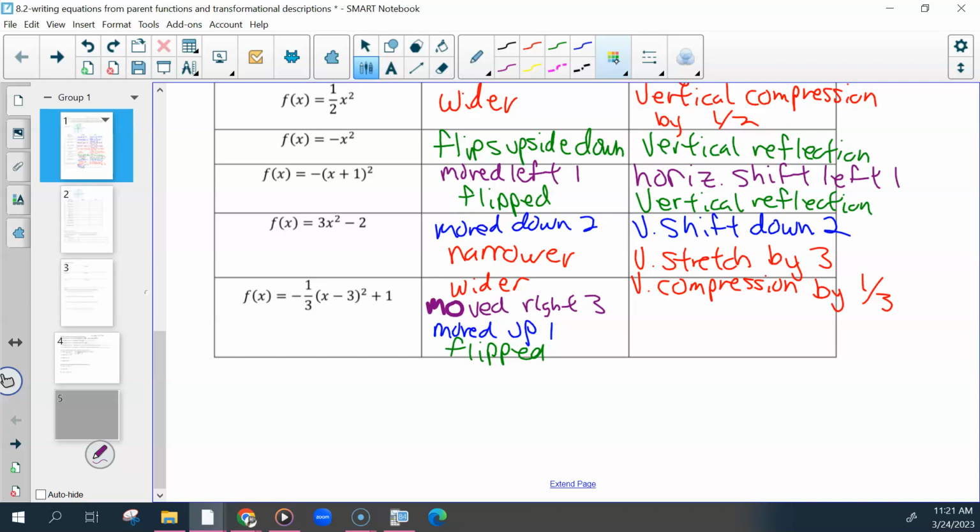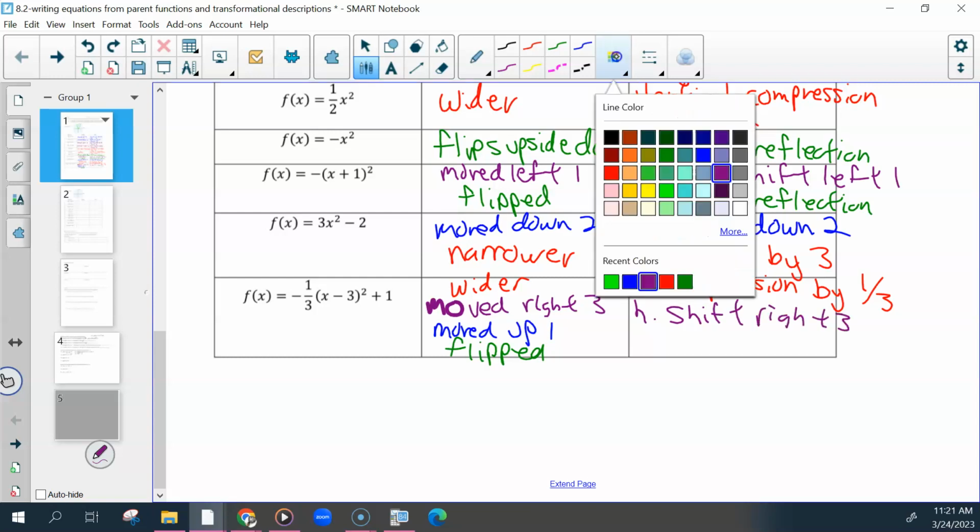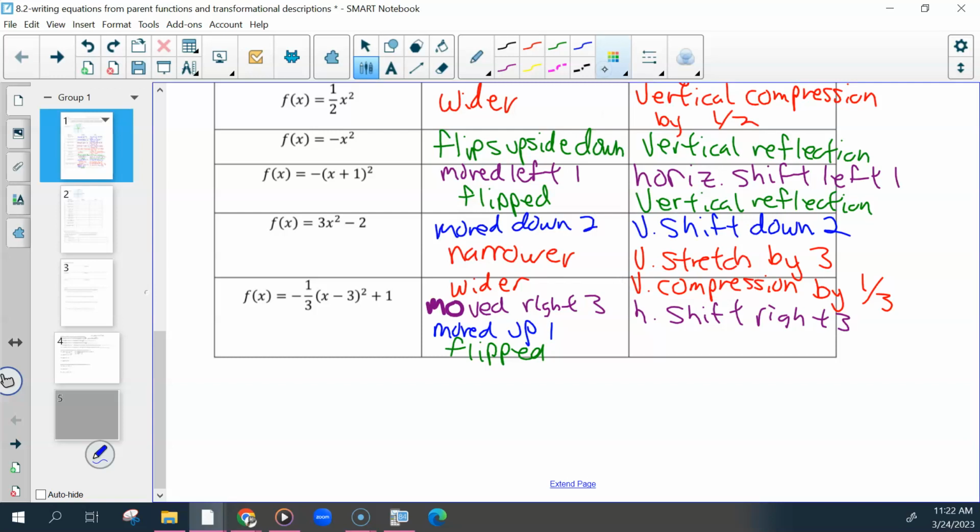How would we write that rule? Shift right 3. Shift right 3. The moved up one. How would we write that one?